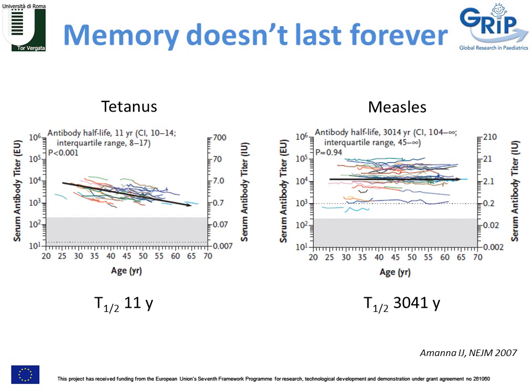Analyzing many of these workers, they found that, for example, the immunity against measles vaccination, which is a live vaccine, lasted virtually forever. Mathematically, they could calculate the half-life of these antibodies, which was about 3,000 years. This is in contrast to tetanus vaccinated subjects, where they calculated only a half-life of about 11 years.